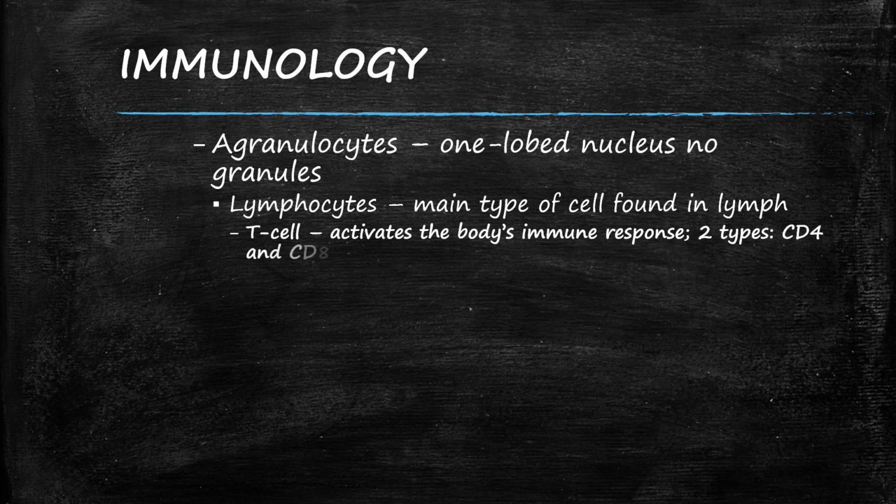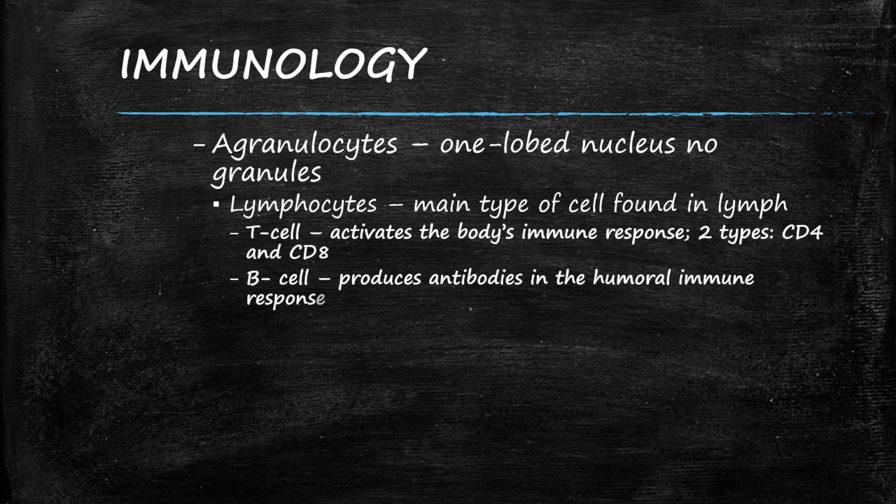T cells activate the body's immune response, and without them, the body is not able to elicit any type of immune response. We have both CD4 and CD8 T cells. We also have B cells. B cells produce antibodies in the humoral immune response.